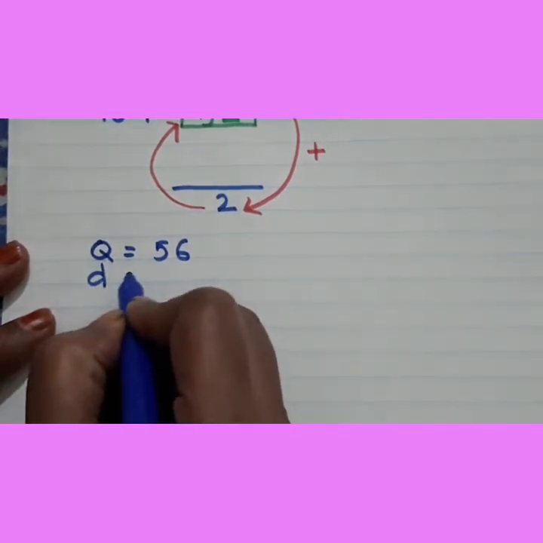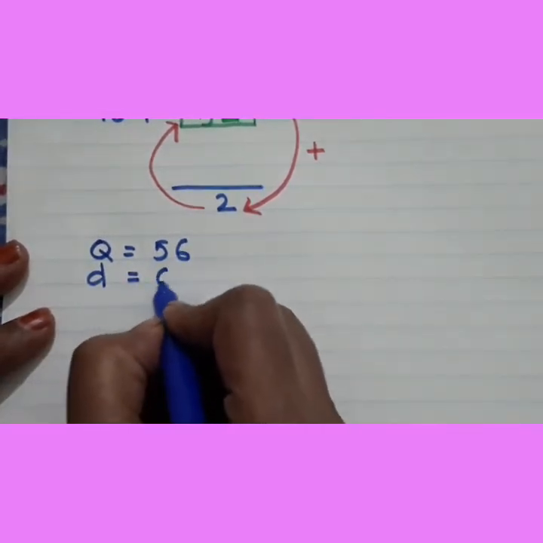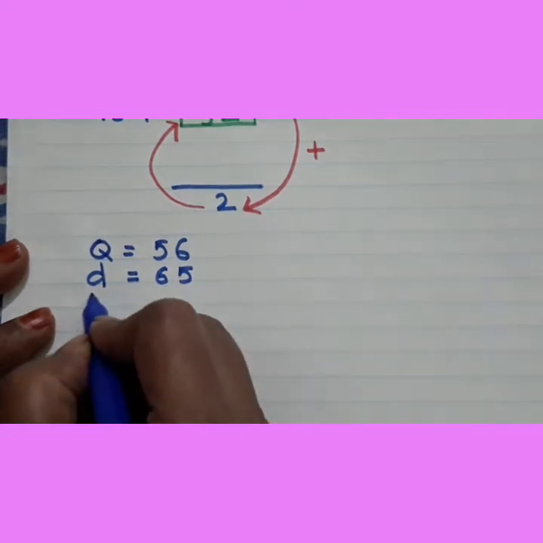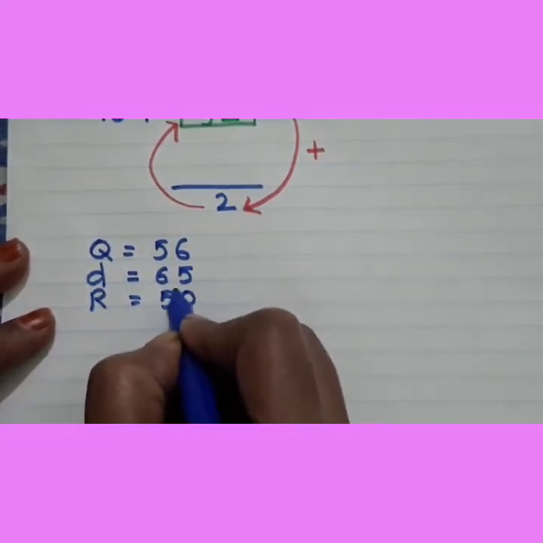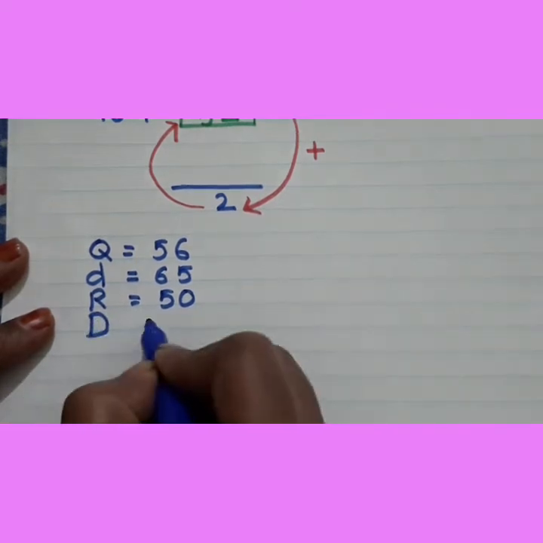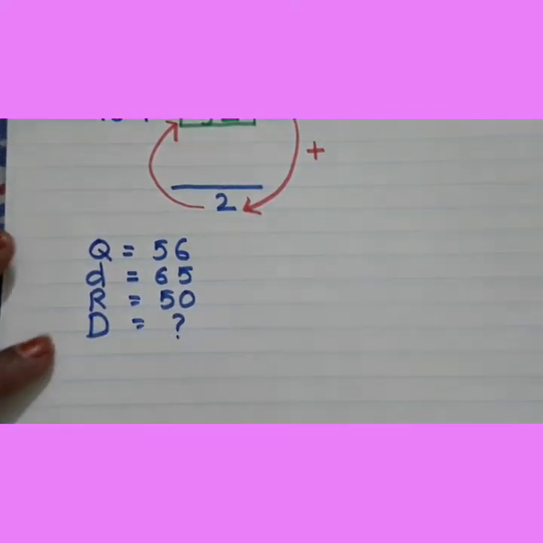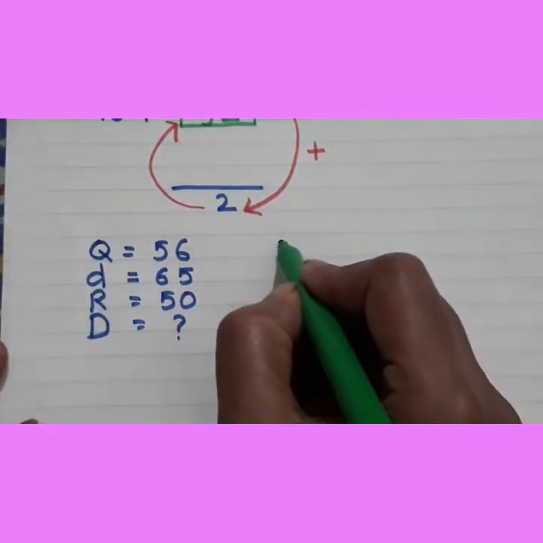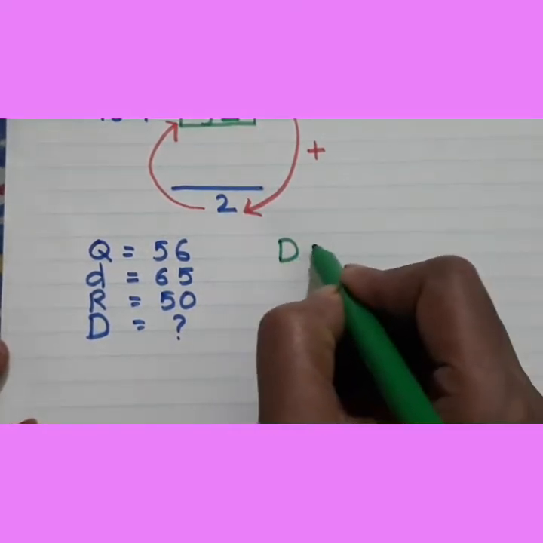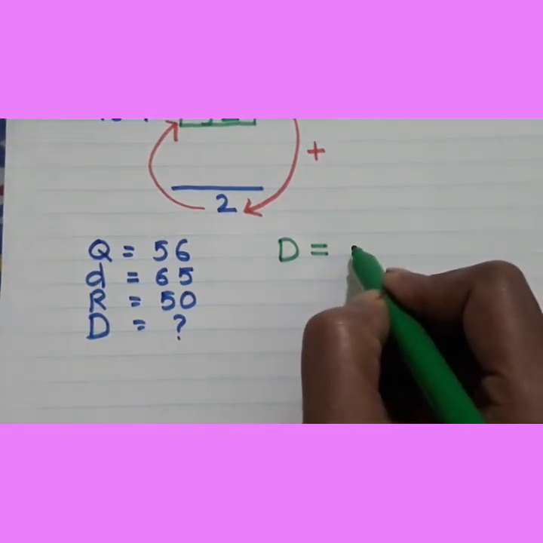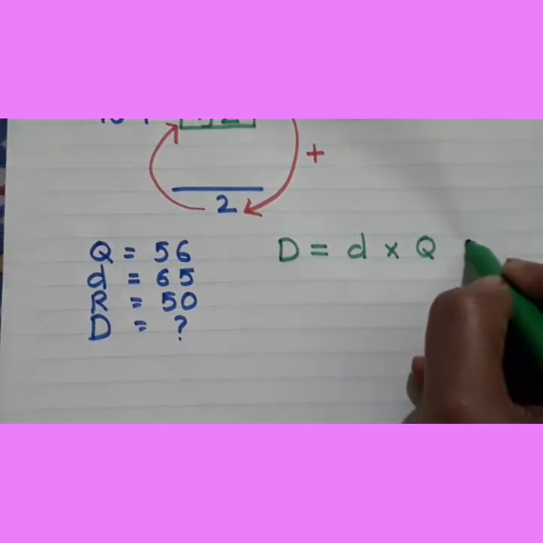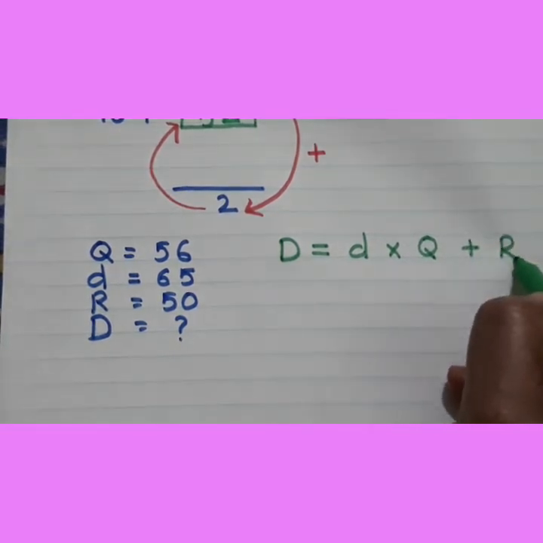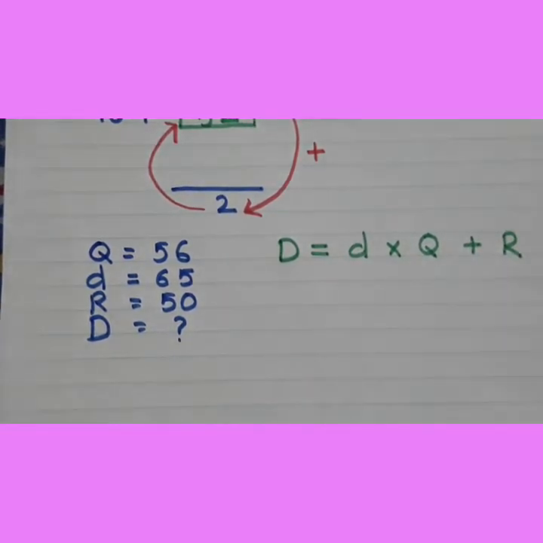Divisor is 65 and our remainder is 50. And what is asked is the dividend. So first we will write the division algorithm. That is, dividend is equal to divisor multiplied by quotient plus remainder. So let's start writing.